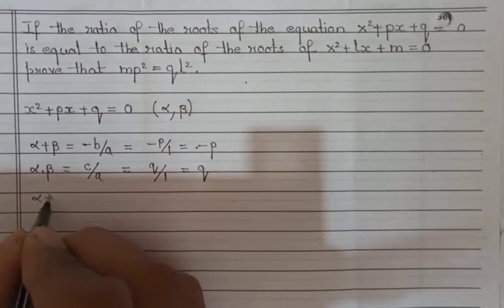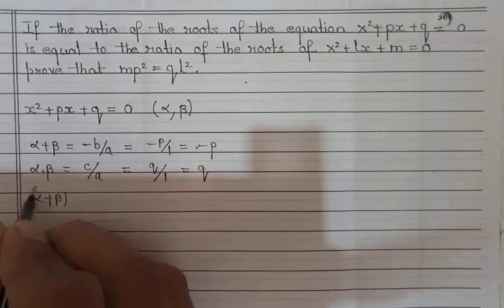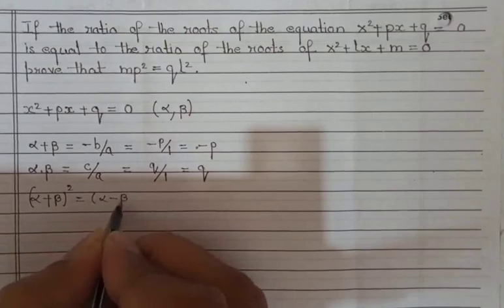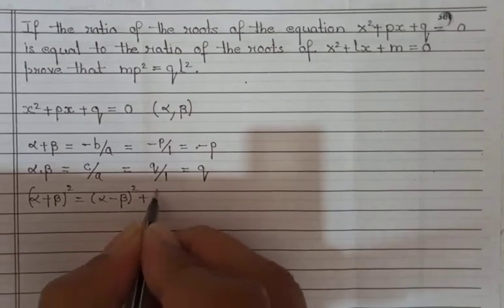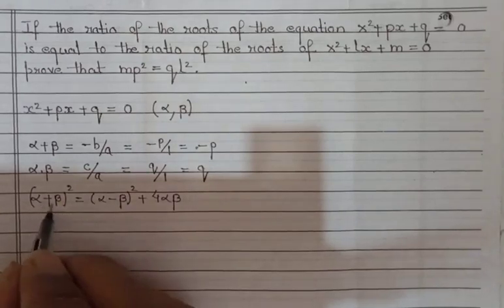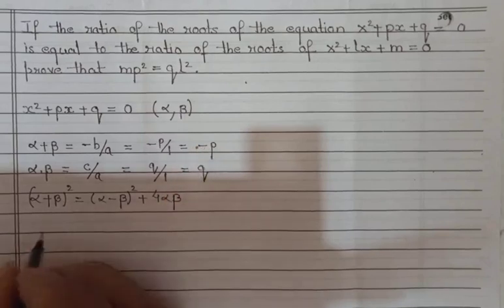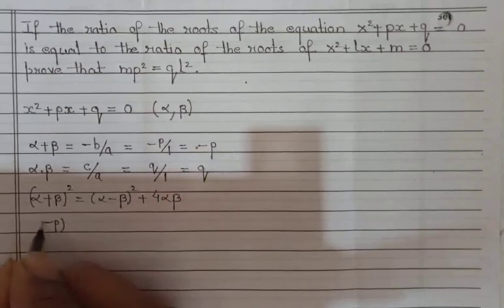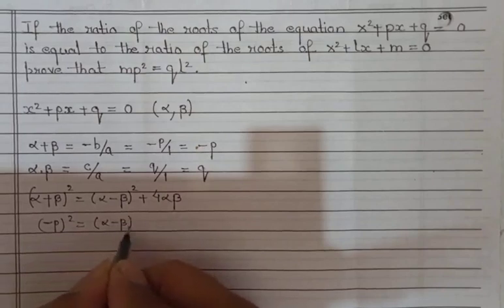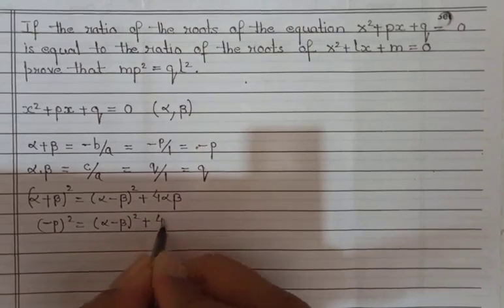Now you all must be knowing this relation. Alpha plus beta whole square is equal to alpha minus beta whole square plus 4 alpha beta. Now let's substitute the values in this relation. Alpha plus beta will be replaced by minus p, so we get minus p whole square is equal to alpha minus beta whole square, plus 4 times alpha beta, that is q.